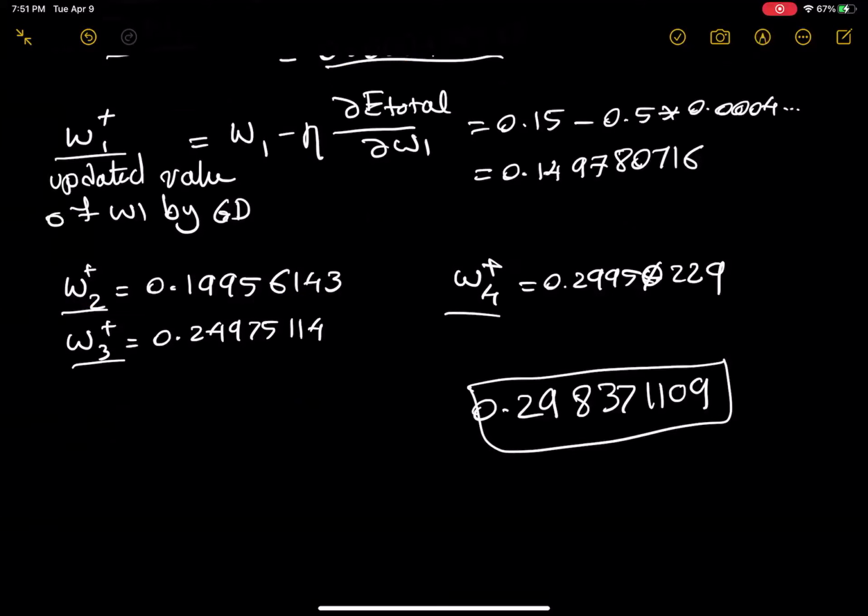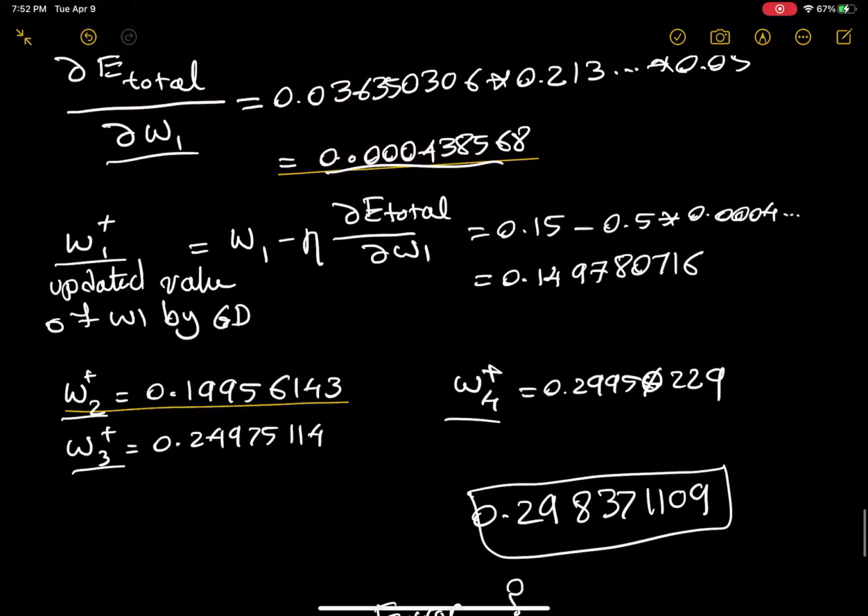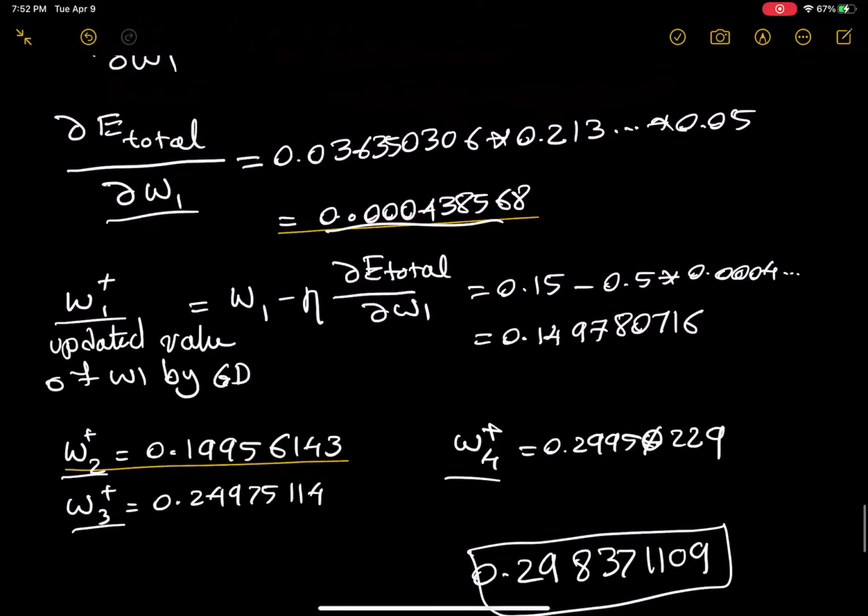Now, if I feed the network with the new weights, I'm curious to see what the new error is. If someone can do it, that would be great. Take all these new weights, do the feed forward step again, and calculate E total to see the new error. I'm hoping that our error becomes smaller in the next round. Make sense?